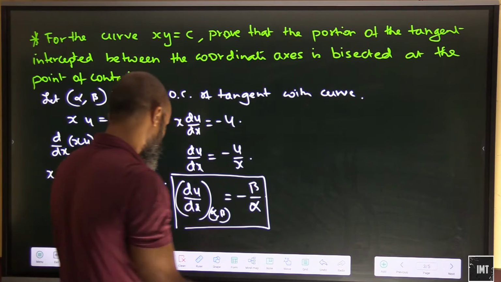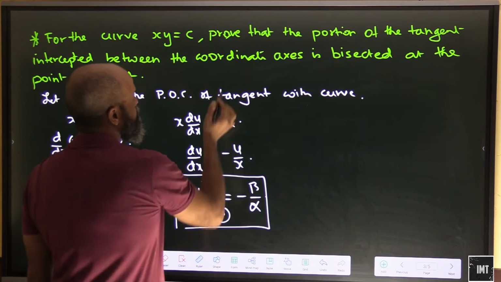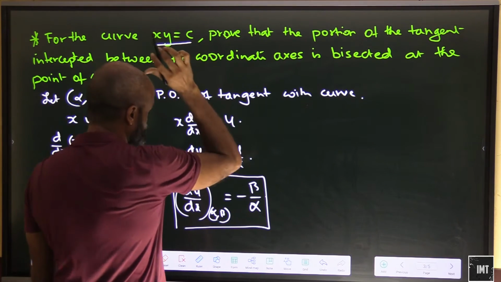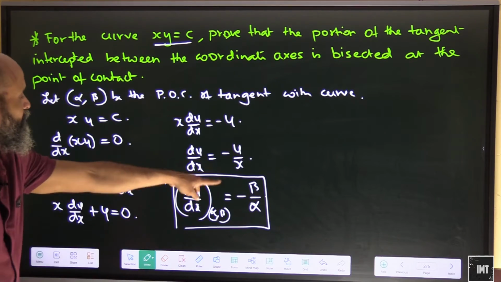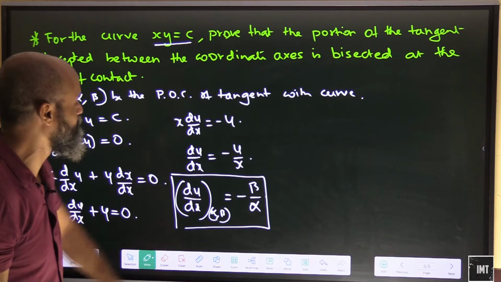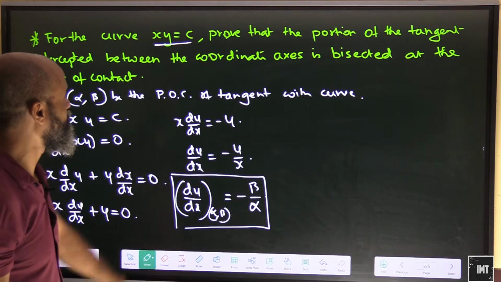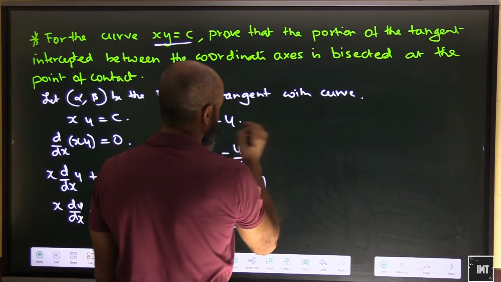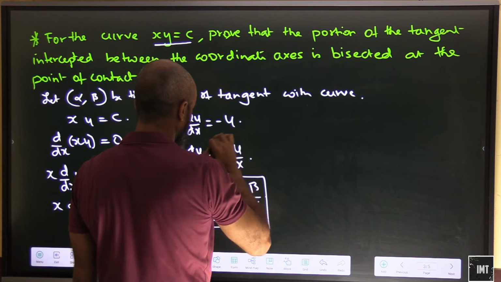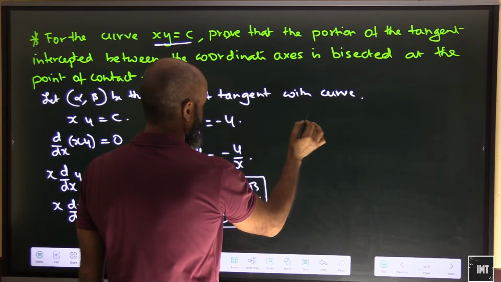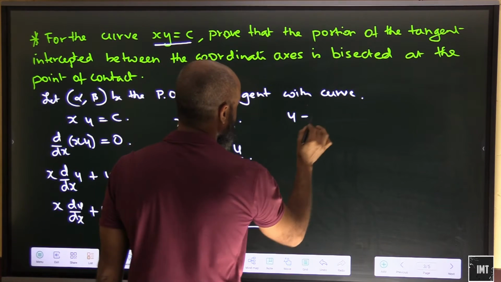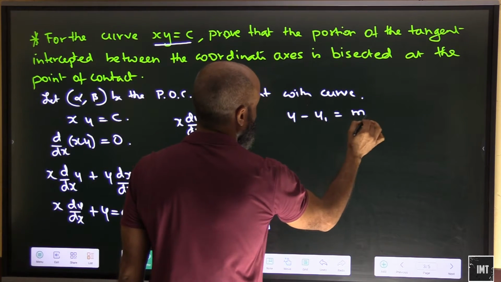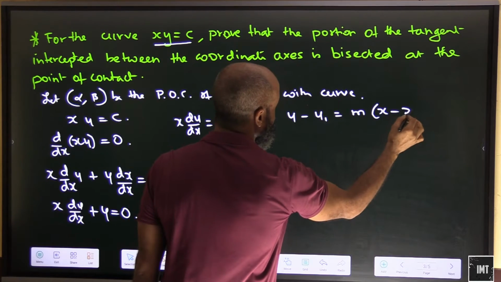Now, since xy is equal to c and we have the slope equal to minus beta by alpha, and since the point lies on the tangent as well, we can say y minus y1 is equal to m into x minus x1.